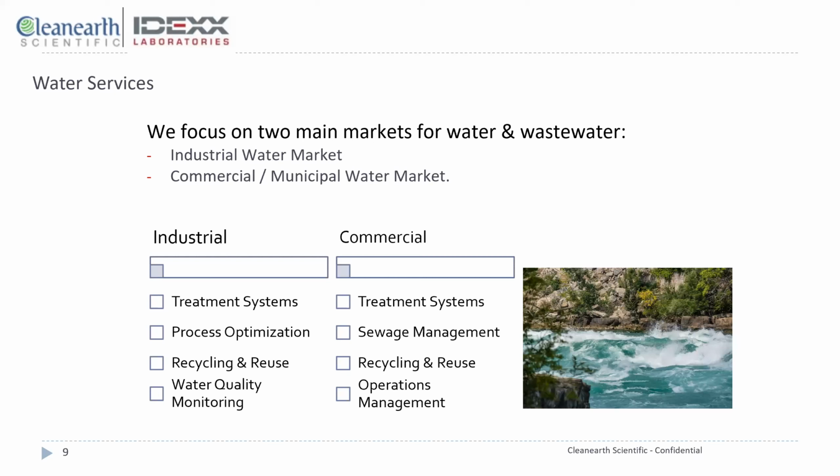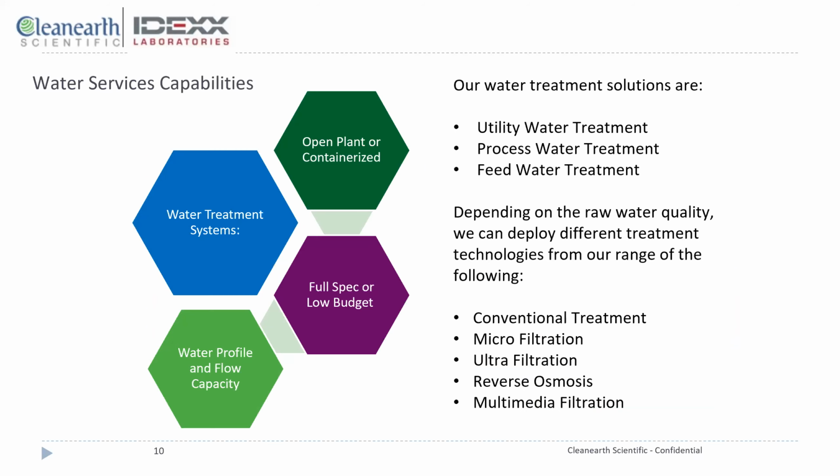We come in to do assessments and then propose solutions on what has to be done to optimize or get your system to run efficiently. We also do recycling and reuse and water quality monitoring. And at the commercial side, we focus on treatment systems, management of sewage, recycling and reuse, and operations management.